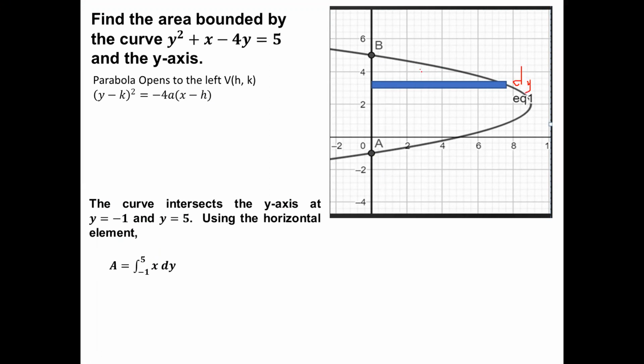So, ibig sabihin, x tayo dito. Can you follow? X dy. So, ito yung XL natin. Dahil y yan ibig sabihin 0. Tama? So, ang value dito is 0. So, ito naman. Okay? Ito yung XR natin.